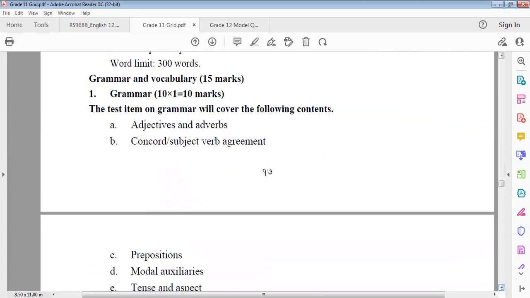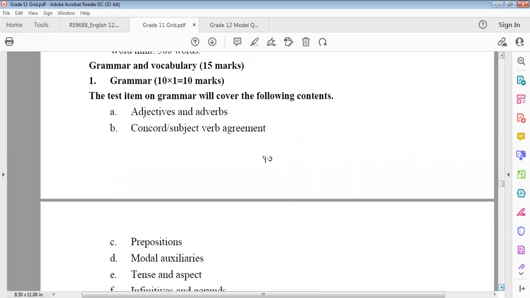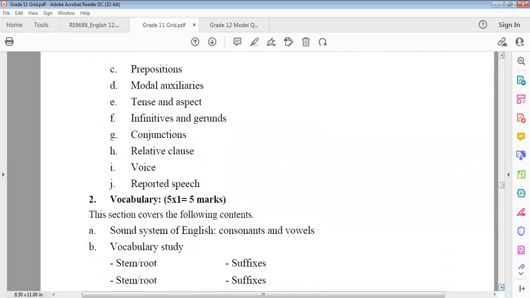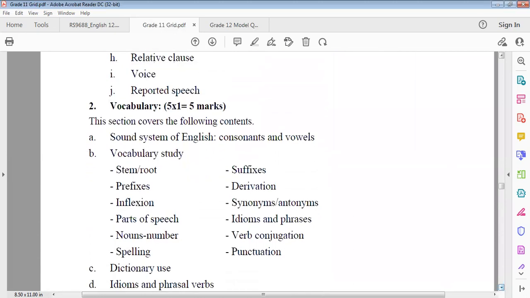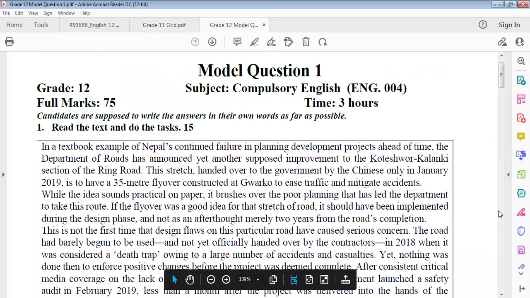In each unit, you have been given grammar exercises, so those grammar exercises will be asked in the exam. And there are the vocabulary tasks, the different vocabulary tasks that have been given in each unit. So this is the grid, and the same grid will be followed while preparing the questions for grade 12 English also.